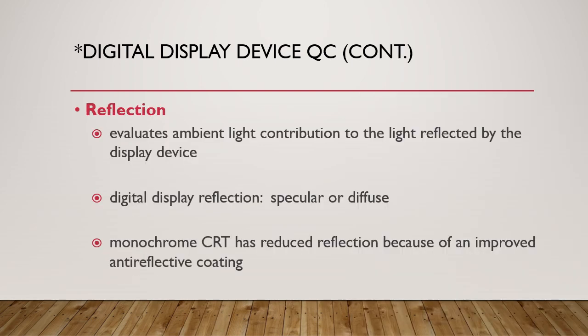For reflection, we're going to evaluate an ambient light contribution to the light reflected by the display device. This display device reflection can be specular or diffuse. Monochrome CRT has reduced reflection because of an improved anti-reflective coating.